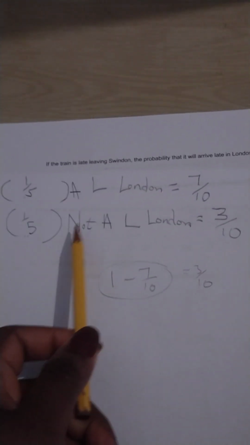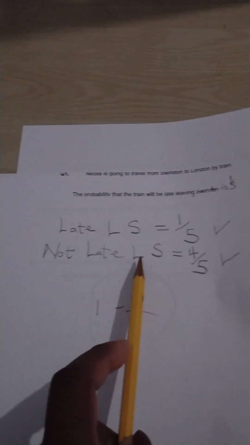Now, here it then carries on saying, if the train is not late leaving Swindon, the probability that it will arrive late in London is 1/10. So remember we said, probability that it is not late leaving Swindon is 4/5, right? So I'm going to come down here, not late leaving Swindon, that is 4/5.